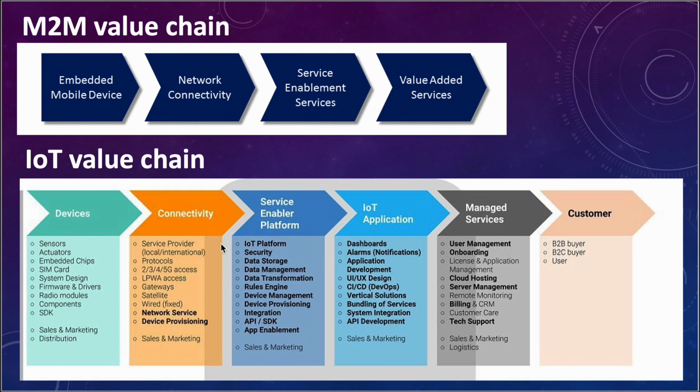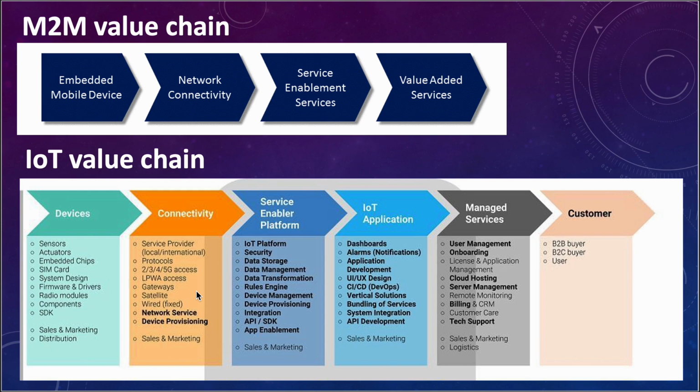The service provider is the one who gives the network connectivity, either the network connectivity we want as a company, or the network connectivity which is being given as a part of the IoT system. End of the day, if you take Mobitel or Dialog, local service providers, they will provide the protocols, they will provide 4G, 5G access if needed, LPWA access, gateways, satellite connectivity.